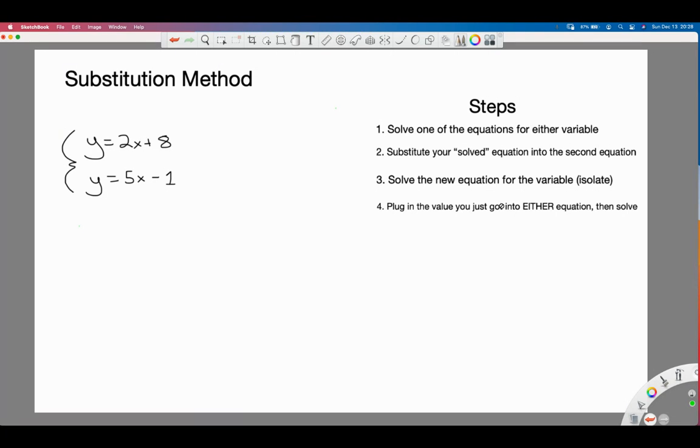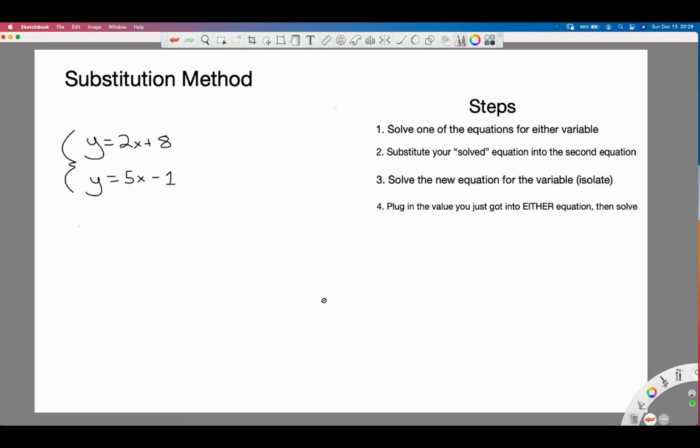Lastly, step 4: once we isolate the variable in step 3, we have our first answer for one of the variables. So we plug that value into either of the original equations. There's that choice again. Then we solve it out for the remaining variable.